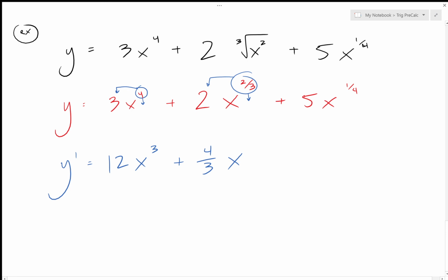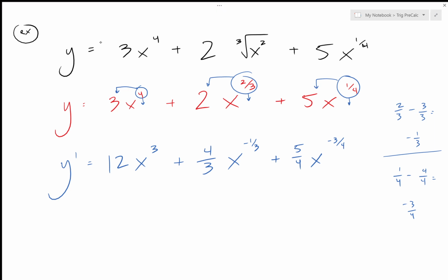Alright, if we have to do the math on that, it's 2/3 minus 1, or 3/3, which comes out to a negative 1/3. So exponent here is negative 1/3. Plus, multiplying this, that's 5 over 4. x, and it needs to go down by 1. So 1/4 minus 4 over 4 comes out to a negative 3/4.